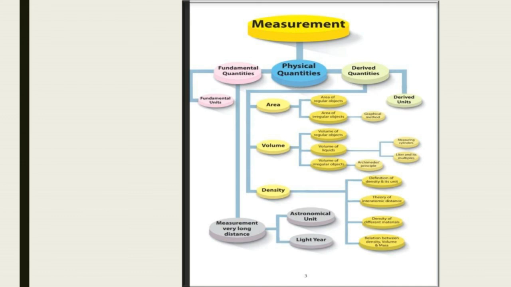In density, we have learned the definition of density and its units, theory of interatomic distance, density of different materials, and the relation between density, volume and mass. In fundamental quantities, we have learned the measurement of very long distance, the astronomical unit and light year.